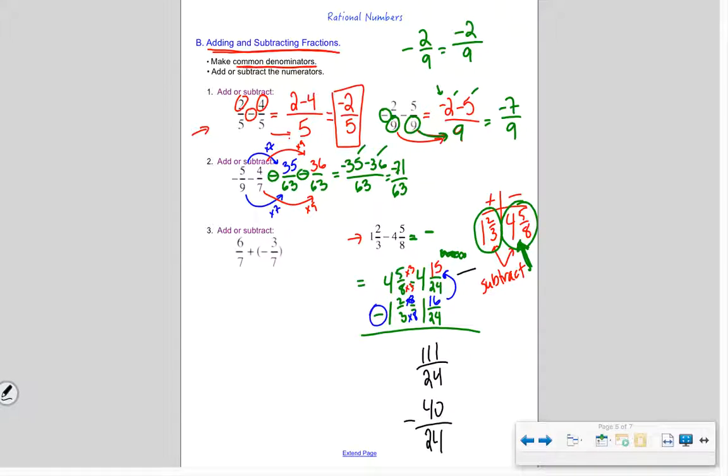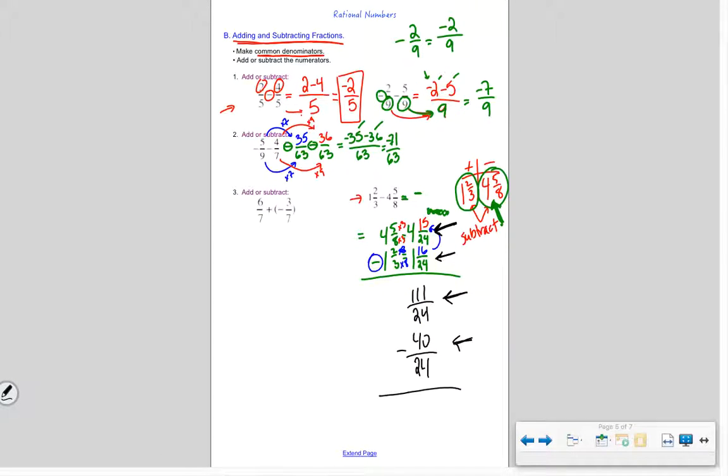So what I just did is I made this into an improper fraction here, and I made this into an improper fraction here. And my final answer is 71 over 24. And again, it's okay if you popped those numbers in the calculator. My final answer is negative 71 over 24.